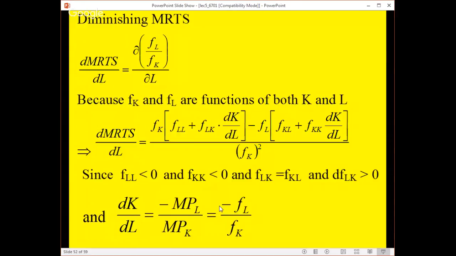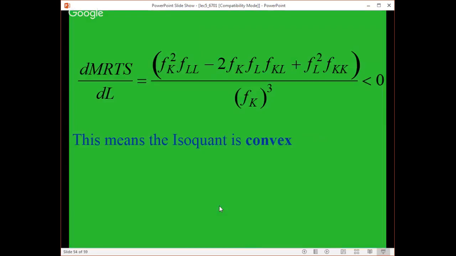And here, I'm going to assume, and this is known through something called Young's theorem, f of LK is equal to f of KL. So I can just put those together. And I'm going to assume that the cross product is positive. We can actually prove that. I don't really have to assume it, but I'm not going to do it. Just too much math.